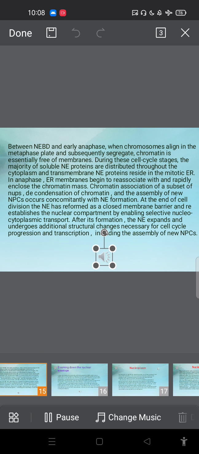Between nuclear envelope breakdown and early anaphase, when chromosomes align in the metaphase plate and subsequently segregate, chromatin is essentially free of membranes. During these cell cycle stages, the majority of soluble nuclear envelope proteins are distributed throughout the cytoplasm and transmembrane nuclear envelope proteins reside in the mitotic endoplasmic reticulum.